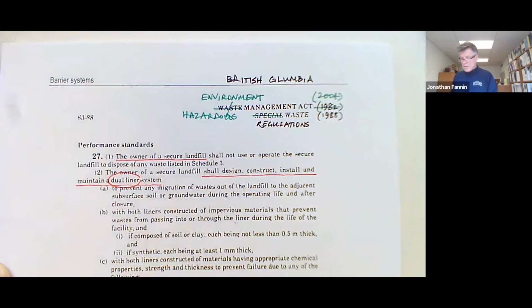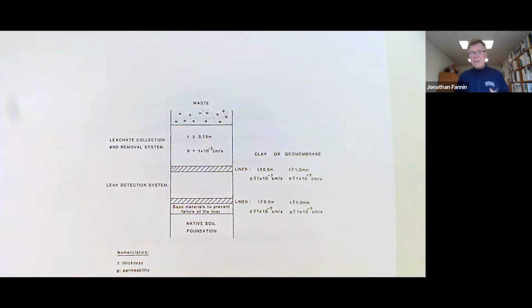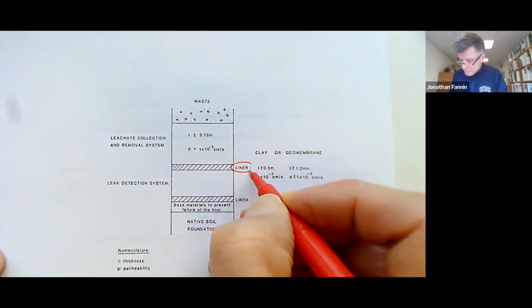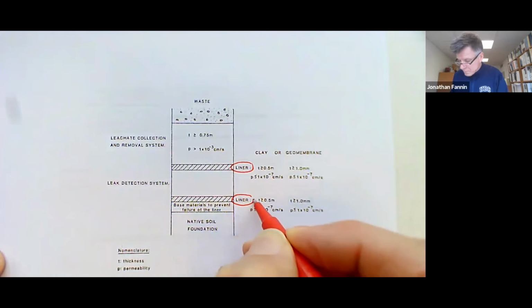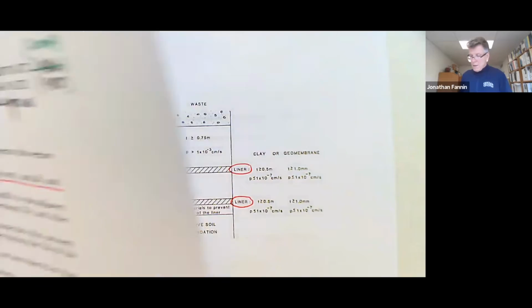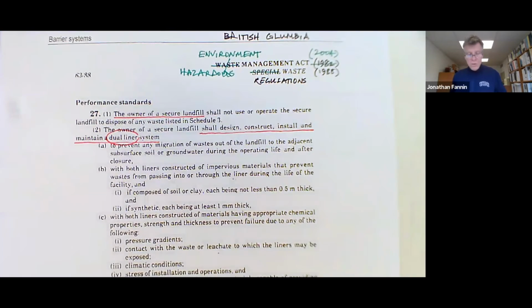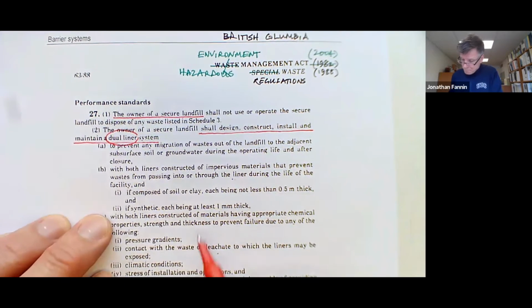What does a dual liner system look like? A dual liner system looks something like this. There is liner number 1 and liner number 2. Okay, and returning back to the previous page, shall design and construct a dual liner system. And we got a choice of materials.